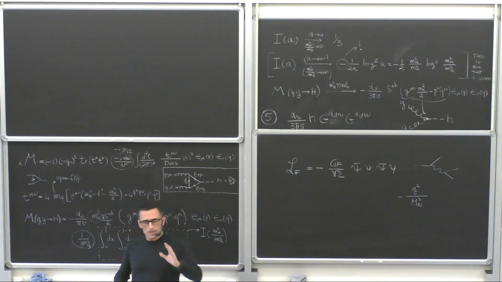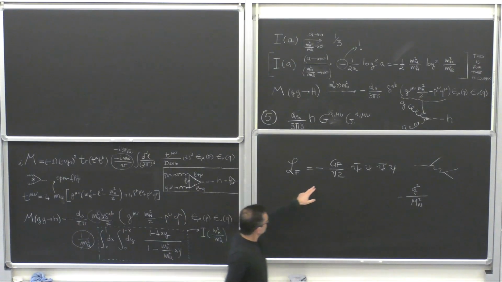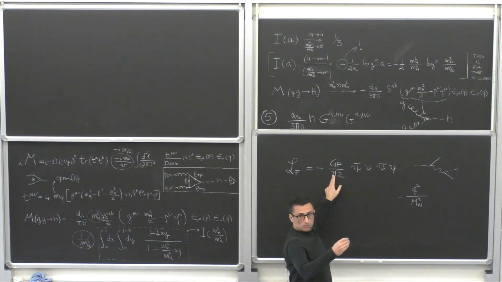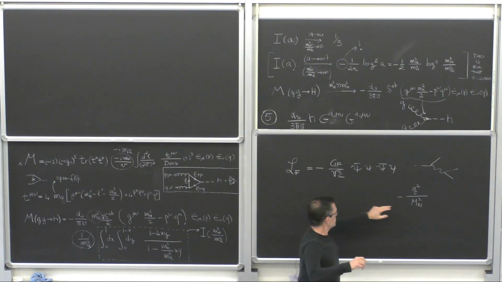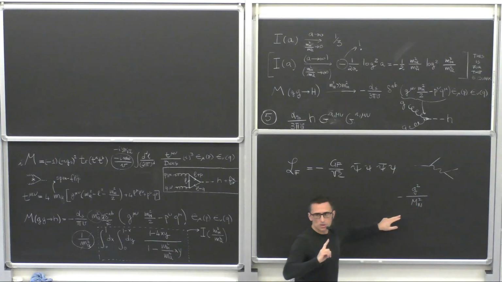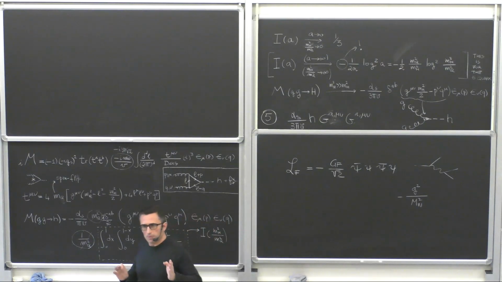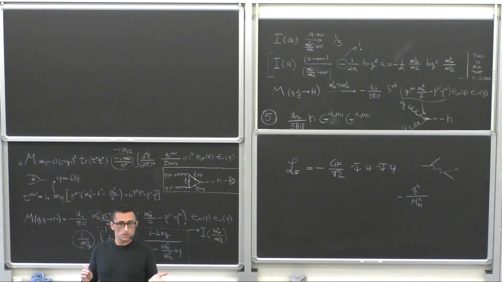So if I ask you what is the scale of the effective field theory, what is my lambda, you would say it is MW. But if you think about the standard model, it's not MW, because the weak interaction at low energy doesn't know where MW is. We cannot predict MW from the decay of the muon. We don't know where it is.